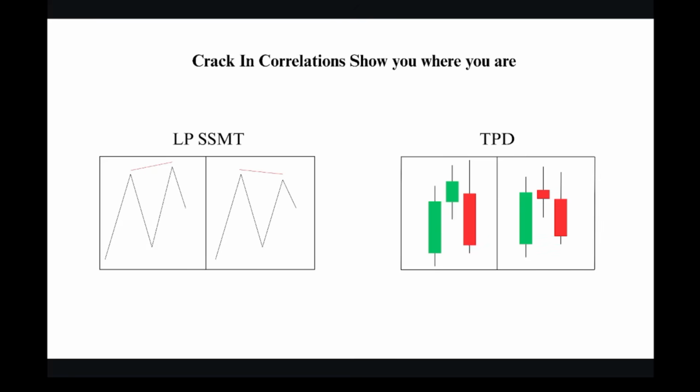So, to begin with this whole concept, the main thing which shows you where price is and where price wants to go is Kraken correlations. Now, Kraken correlation 1 being LP sequential SMT alongside with normal sequential SMT and TPDs.